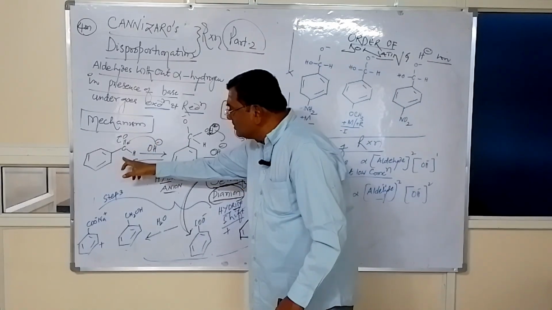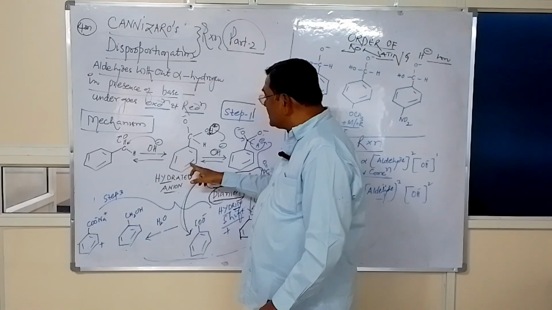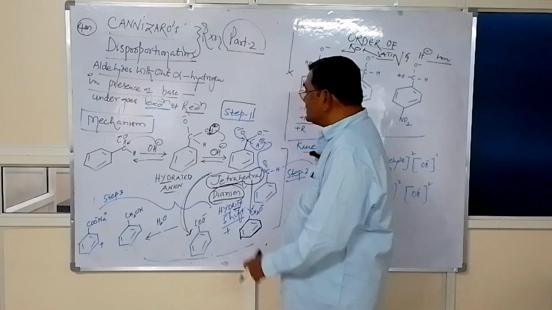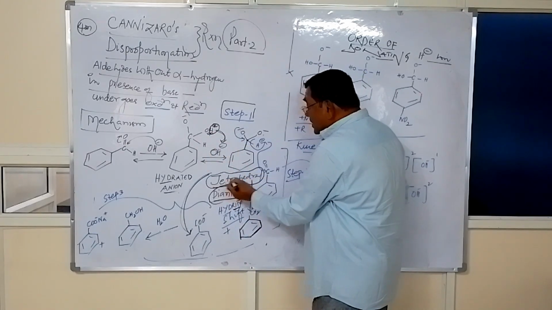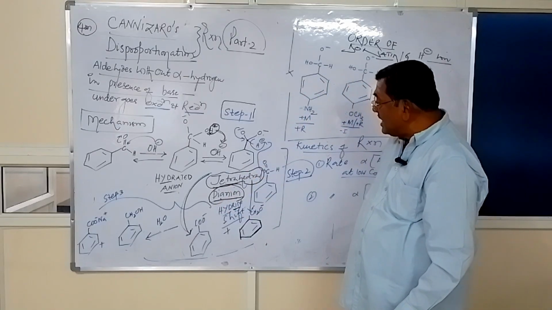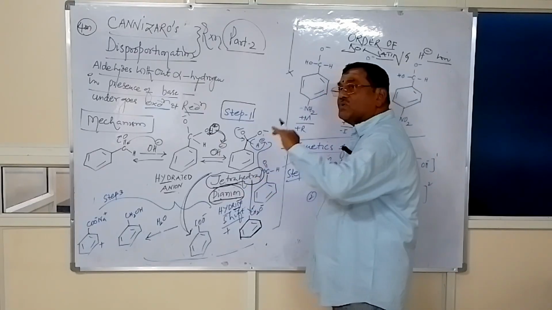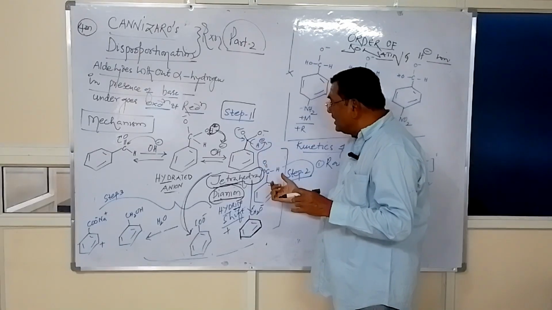The first molecule reacts with base, and that gives rise to hydrated anion. And again in presence of base, deprotonation occurs. That gives rise to the tetrahedral dianion. This tetrahedral dianion is going to play a key role that makes the hydride ion shift.